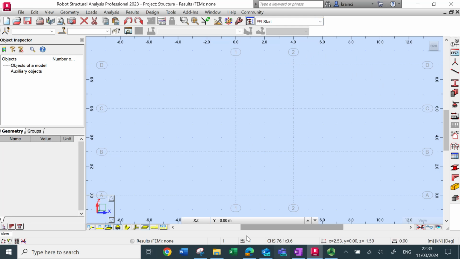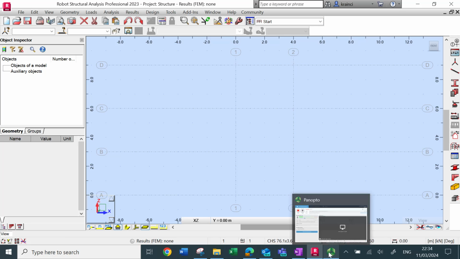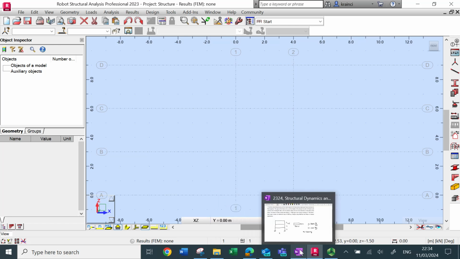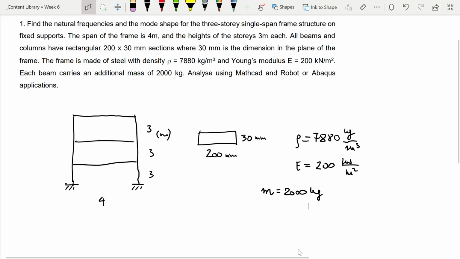Now for the columns, the longer dimension of the section is perpendicular to the plane, so the frame basically oscillates in this XY plane.